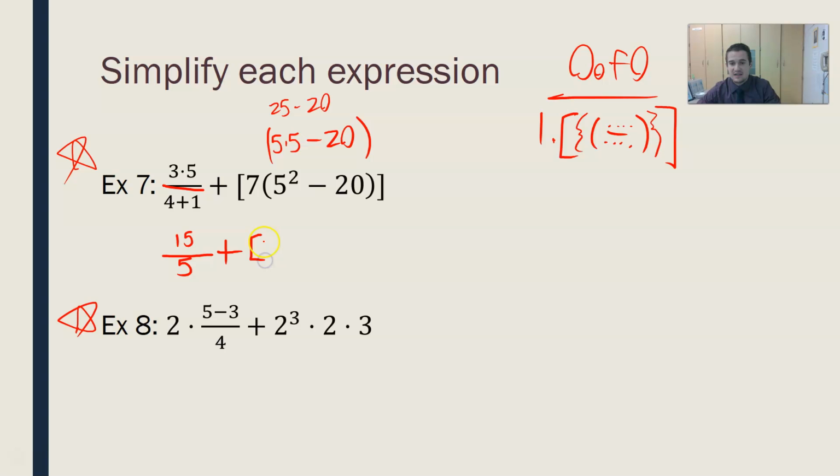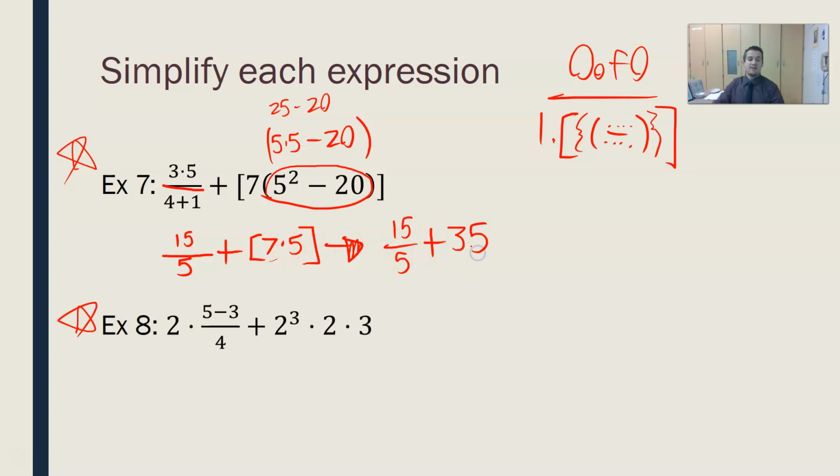So I have this bracket, 7 times all of this turned into 5. Okay. Well, I still have some grouping symbols here. So over here I have 15 divided by 5 plus, and then 7 times 5 is 35. Okay. I've taken care of all my little grouping symbols.